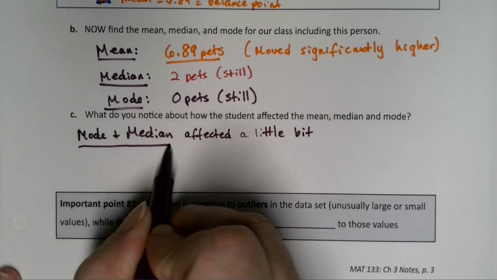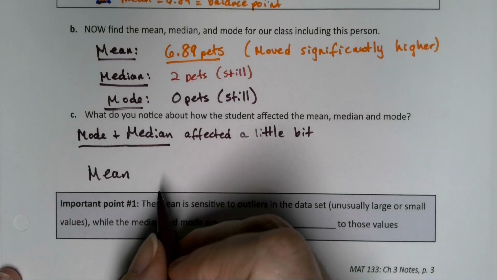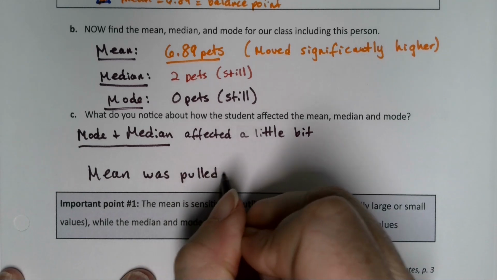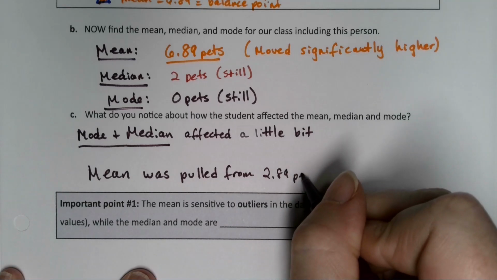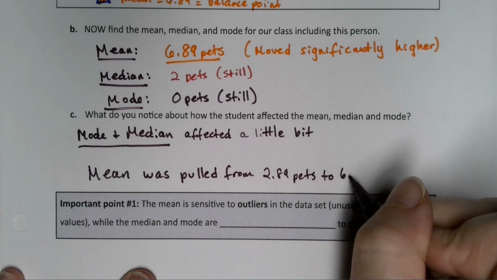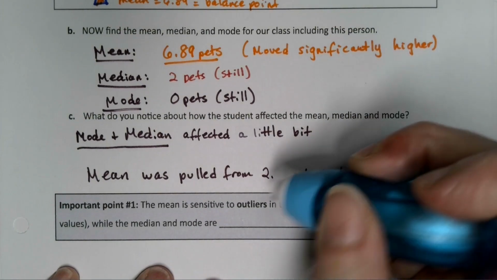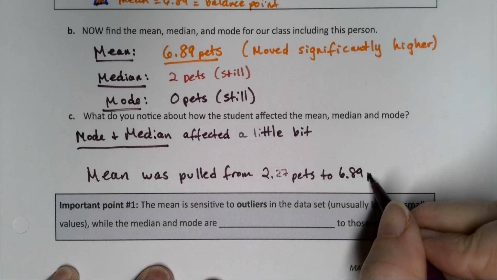But the mean was affected drastically, pulled from 2.27 pets to 6.89 pets.